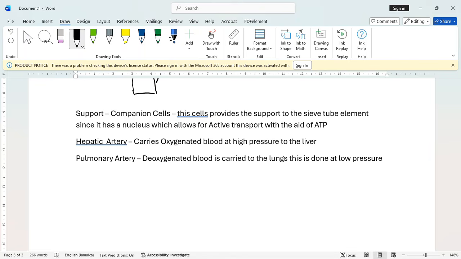Unlike the hepatic artery that needs to send oxygenated blood at a greater distance, the pulmonary artery is leaving right from the right side of your heart, heading to your lung. The distance is very short, so you don't have to have the blood pumped at a high pressure. So low pressure, and of course, the difference is it has deoxygenated blood. Cool?